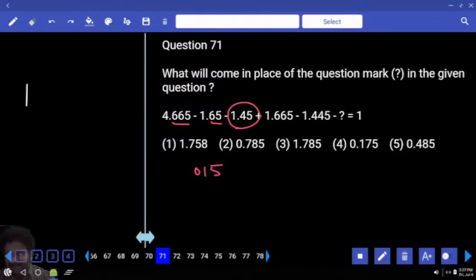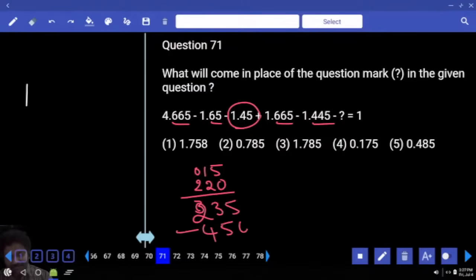Keep it aside, this number. 445 subtracted from this number, 0.220. So far positive number is 235, but from this we have to subtract 450. So this will be a negative number. 1 minus something, in the sense answer will be 0 point something.